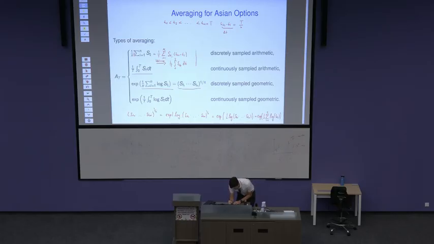I see that this object converges against exactly what is standing below: 1 over T, integral from 0 to T, logarithm of S_t dt. Okay, and then I have exactly what is standing here. So this is the continuously sampled geometric average.